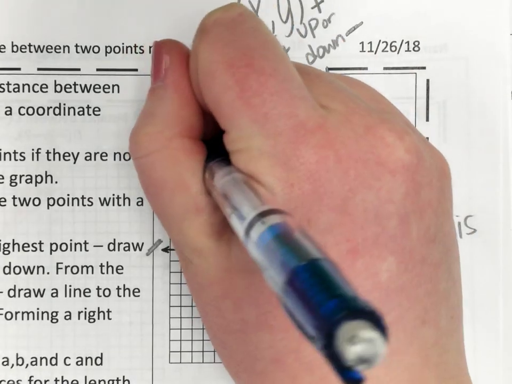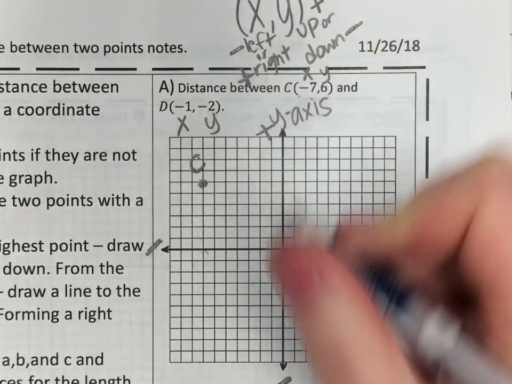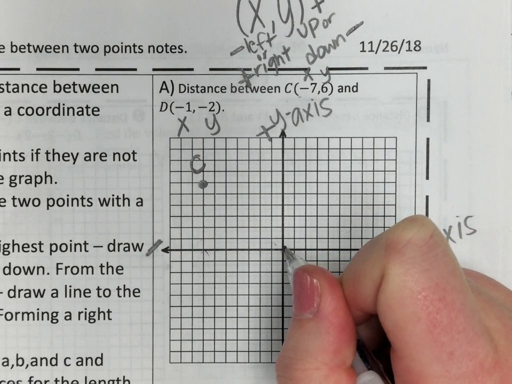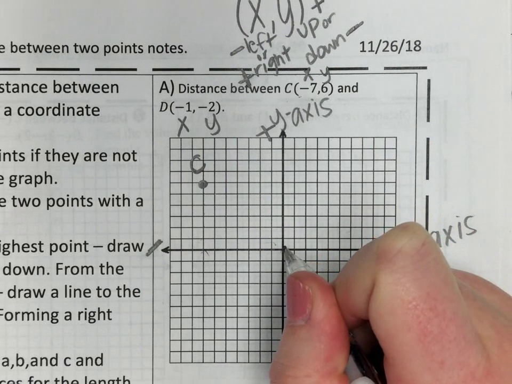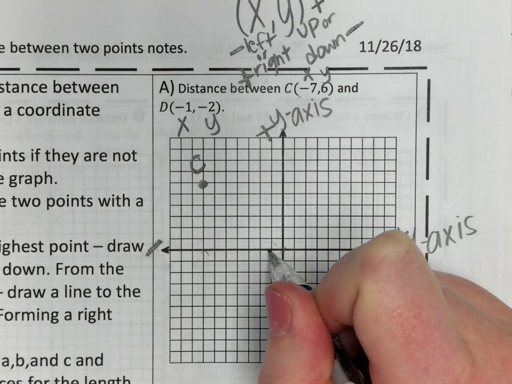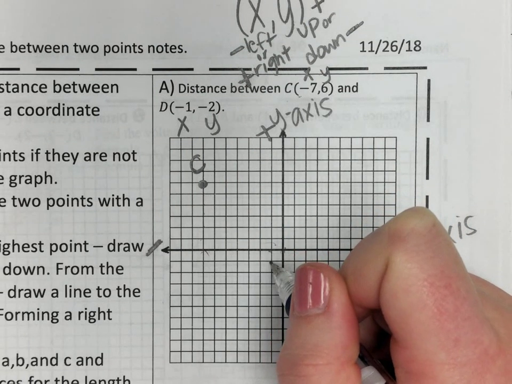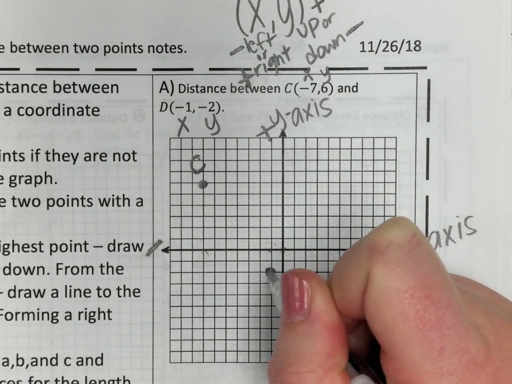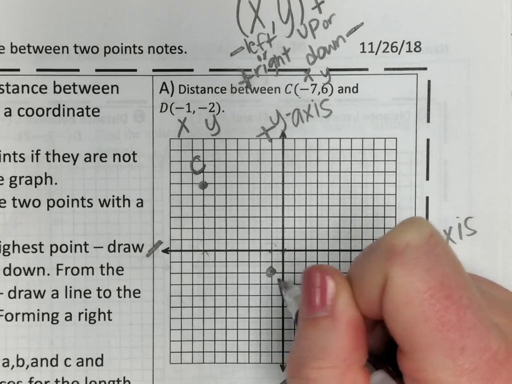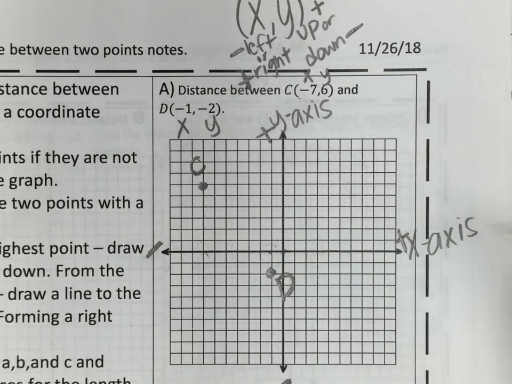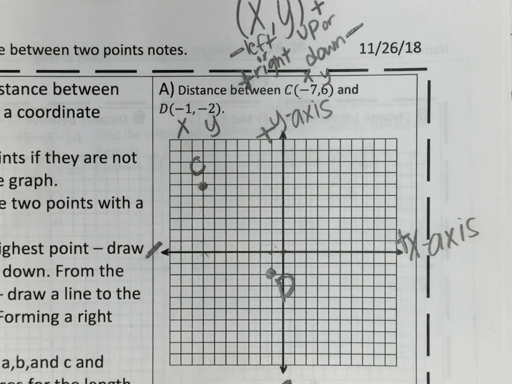Now, if x is negative 1, that means we're going which direction? Left 1. Y is negative 2, so that means we're going down 2, and that's our point. And this is point D, so I'm going to label it as D.